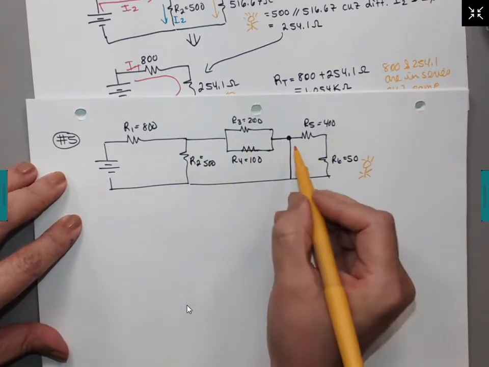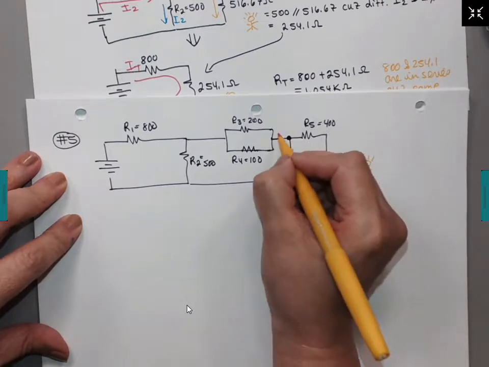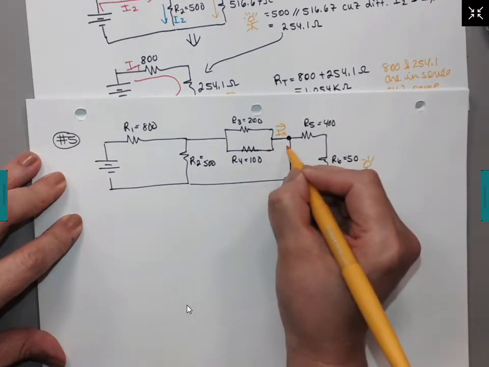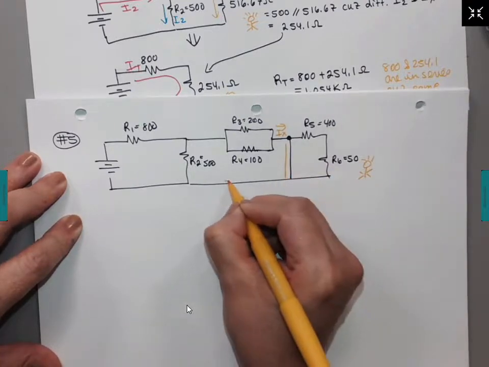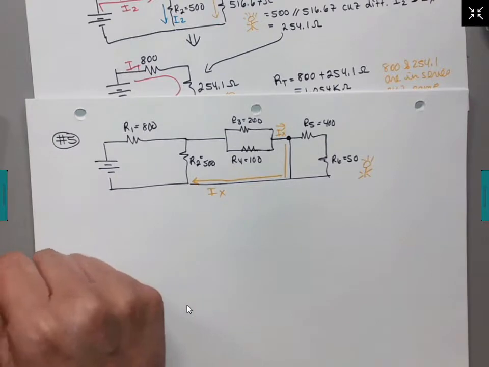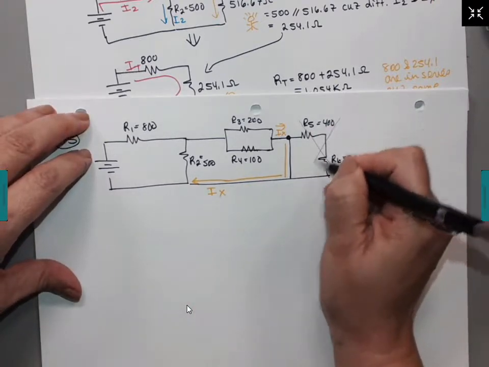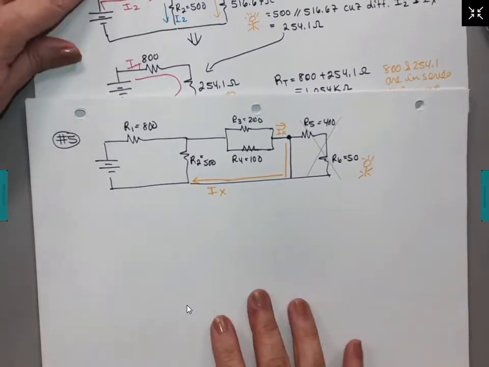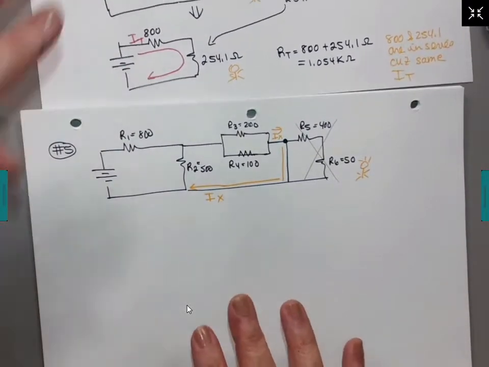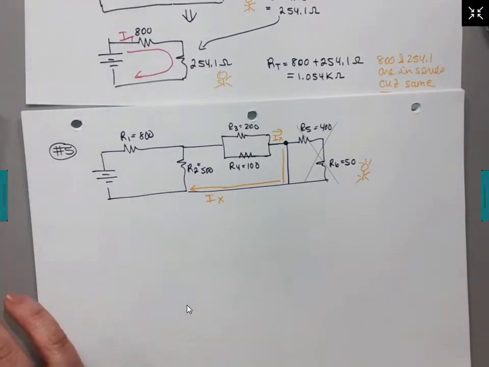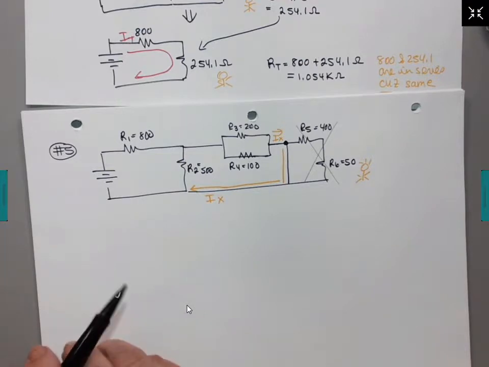So all my current at this point at IX coming out of that parallel circuit is going to come this way, and this guy is like it's not even there. So just one problem, one little short will change everything. Okay? So let's look at what RT would be.